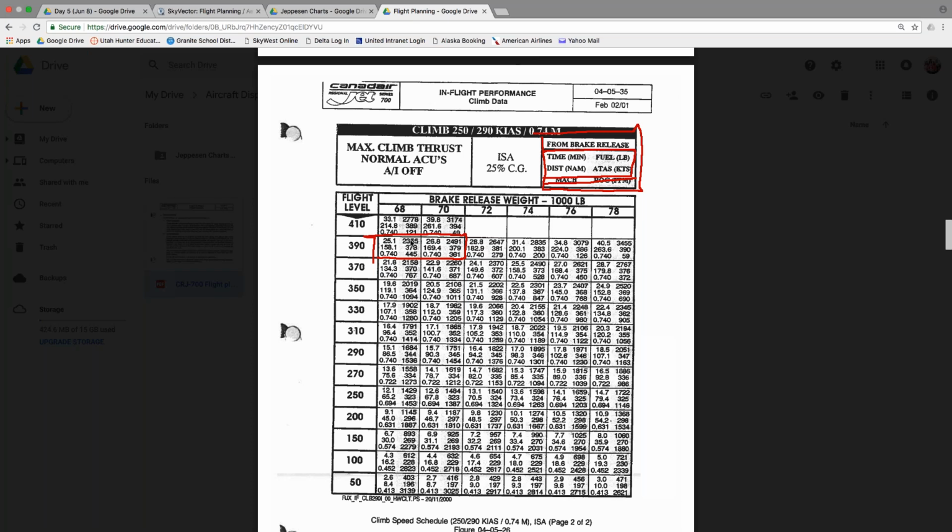But anyways, just take those, add them together, divide by 2, gives us 25.9. Our burn is 2355 and the 2491 gives us 2423.